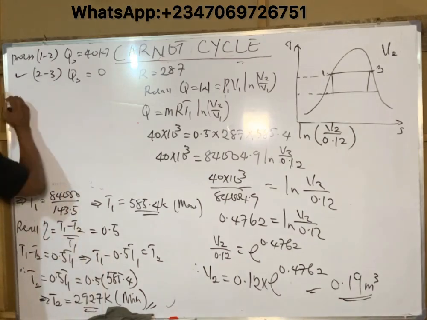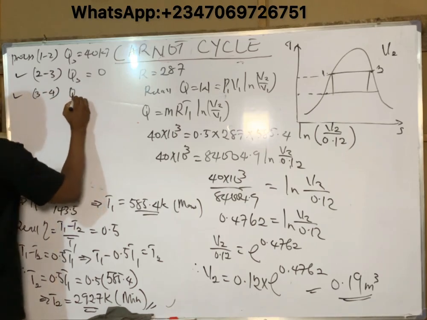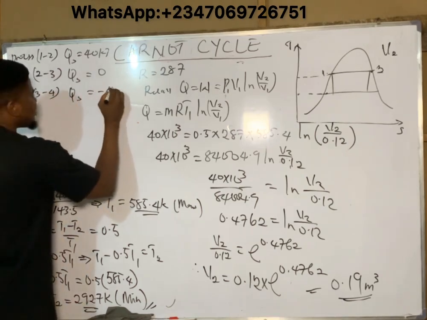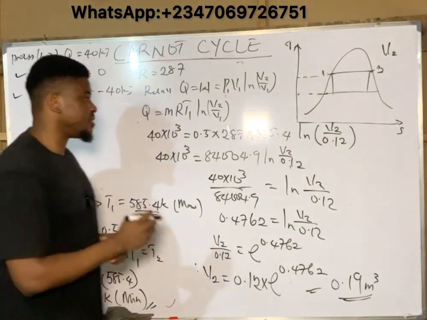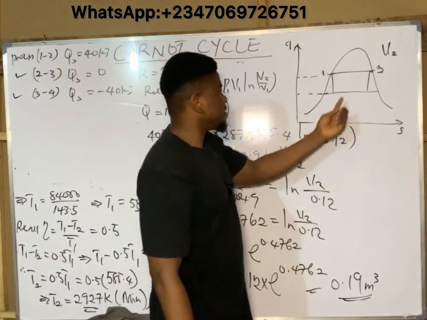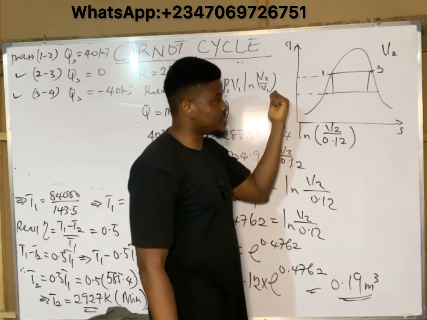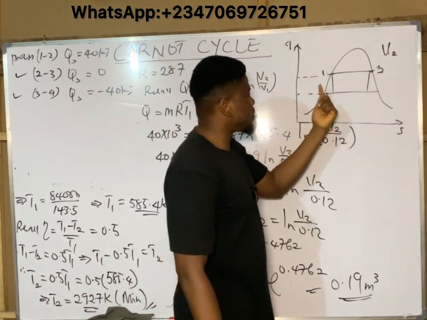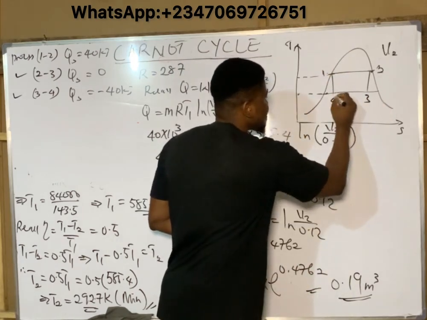So for that reason, for process 3 to 4, the heat supply there is equal to negative 40 kilojoules. Negative because it's heat removal. For equilibrium it's the same amount of heat, but now it's reversed, so it's negative.